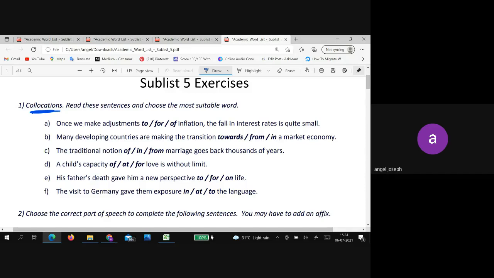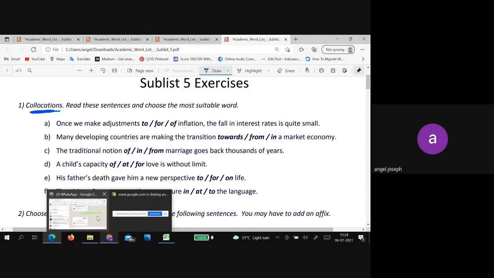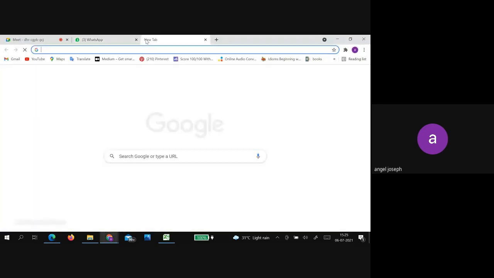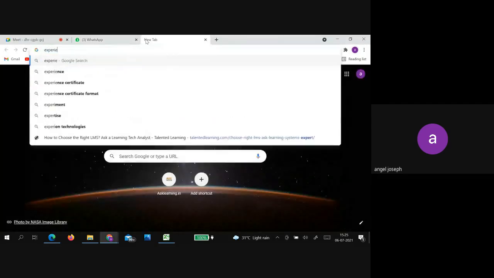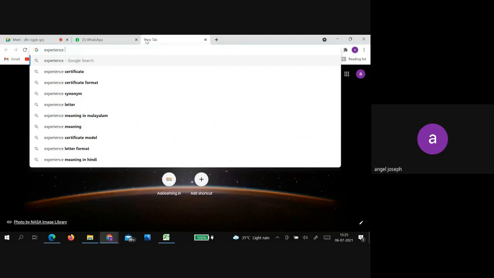If you look up a synonym of experience, then we can say something like prior experience. Let me give you an example. There are people who go to Google, put in the word experience and synonym.